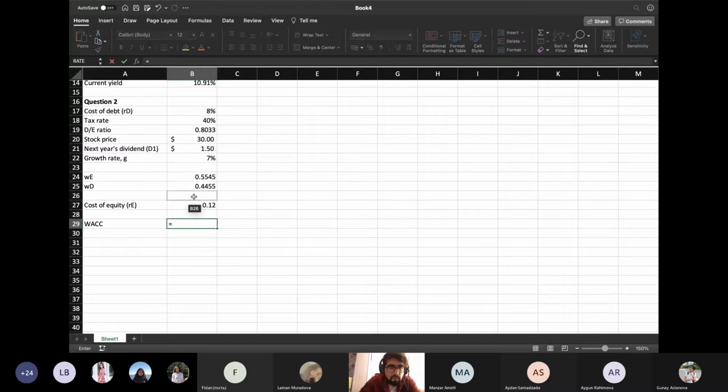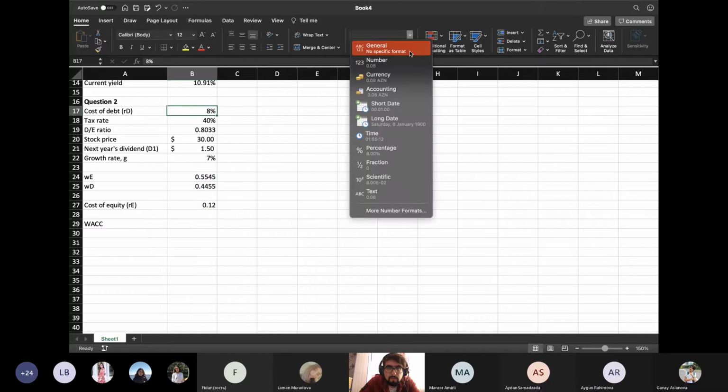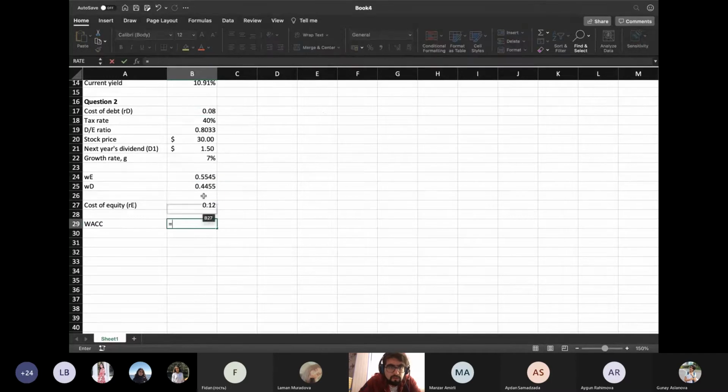It is equal to weight of equity multiplied by cost of equity plus weight of debt multiplied by cost of debt multiplied by 1 minus tax rate. This is our WACC.